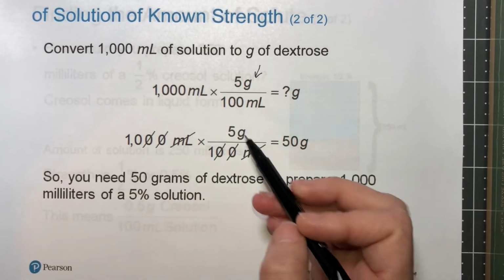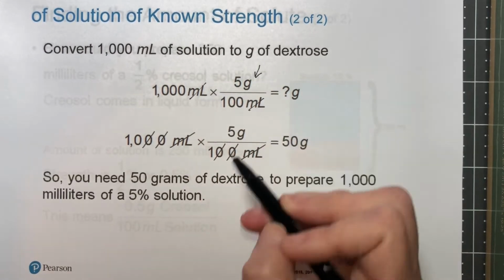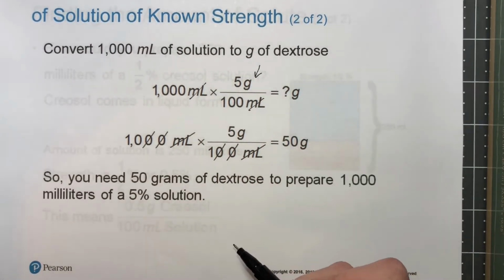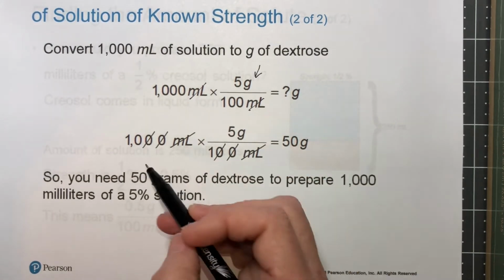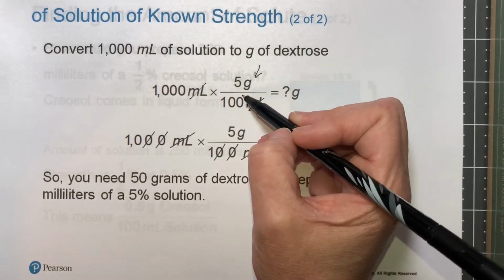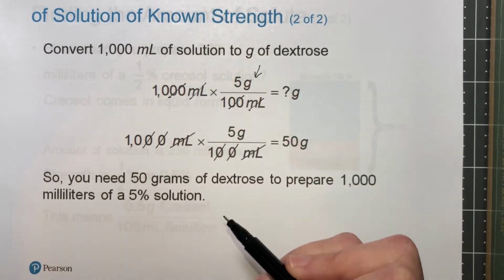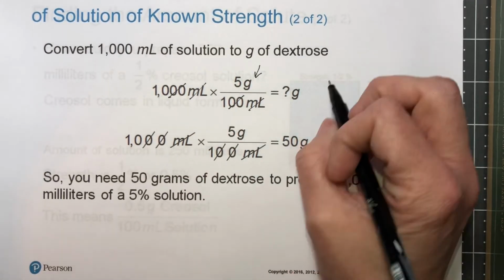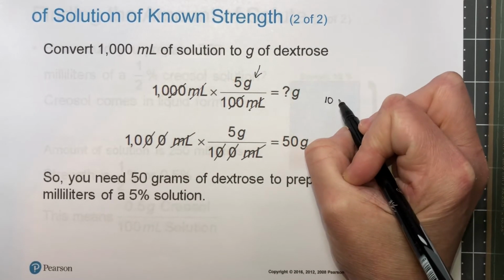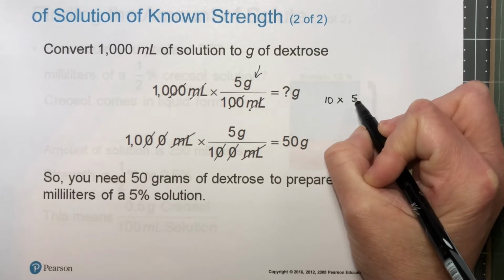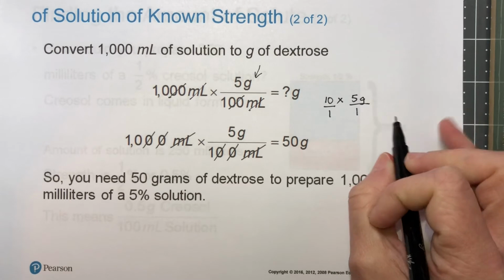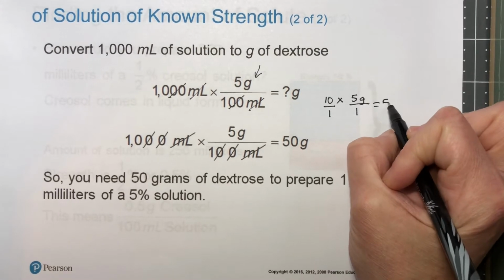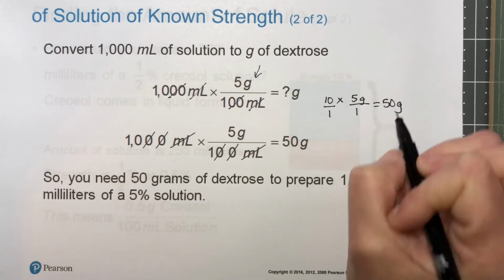So when I multiply here, the milliliters cancel as they should, and all I have left are grams. And then you have 1,000 over 100. You divide it by 100, or basically mark off 2 zeros, and then you end up with 10 times 5 grams over 1. You can think of that as over 1. So this is simply 50 grams.